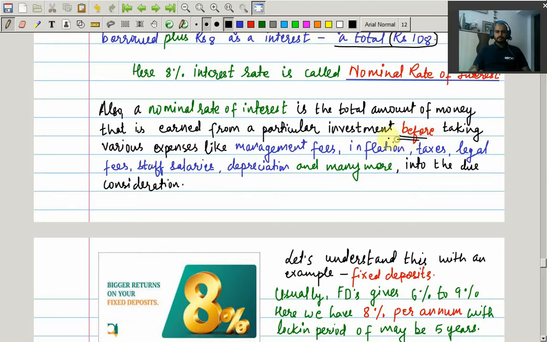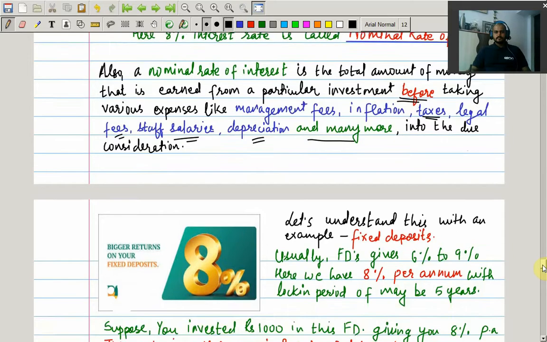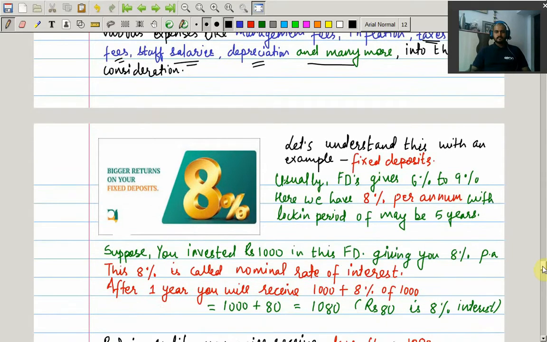Before taking various expenses like management fees, inflation, taxes, legal fees, staff salaries, depreciation, and many more into due consideration. So let's understand this with an example.